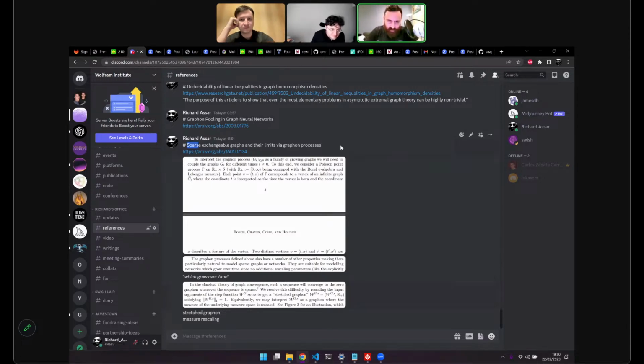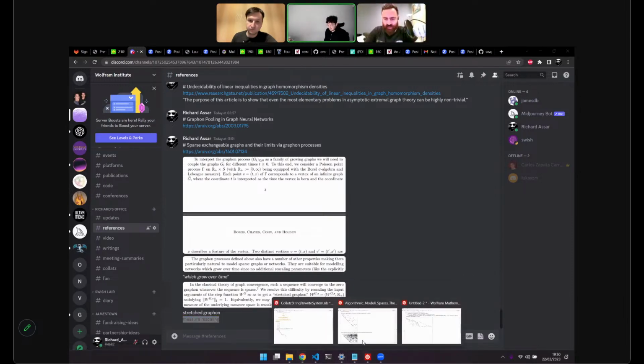This is from the paper that deals with sparse graphons. It says, in the classical theory of graph convergence, such a sequence will converge to the zero graphon whenever the sequence is sparse. We resolve the difficulty by rescaling the input arguments of the step function so as to get the stretched graphon. And then this talks about this measure rescaling idea. I think Łukasz had some things to say on that also.